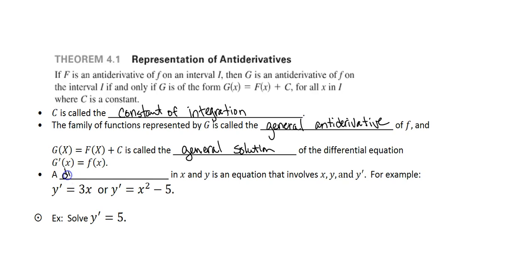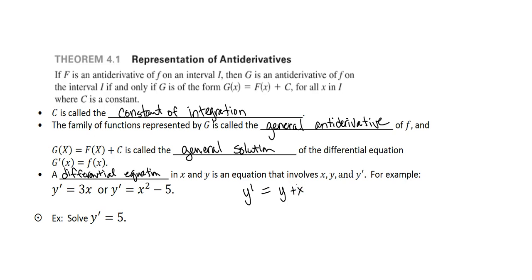So a differential equation in x and y is an equation that involves x, y, and y prime. So for example, y prime equals 3x, or y prime equals x squared minus 5, or you could have something like y prime equals y plus x. I've seen things like that as well.